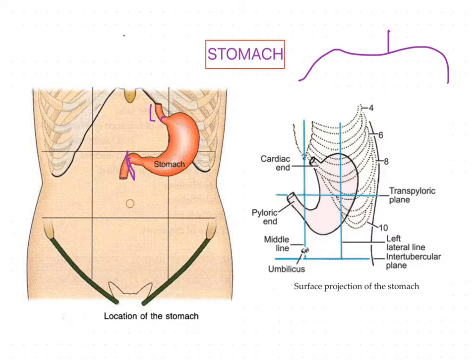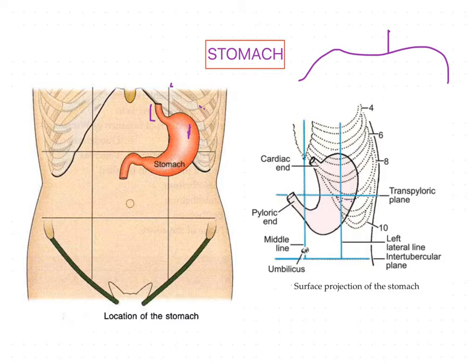If you see the location, the stomach lies obliquely in the upper and left part of the abdomen. Here in this picture, it is present in the upper and left part of the abdomen, occupying the epigastric region, the left hypochondriac region, and also part of the umbilical region.